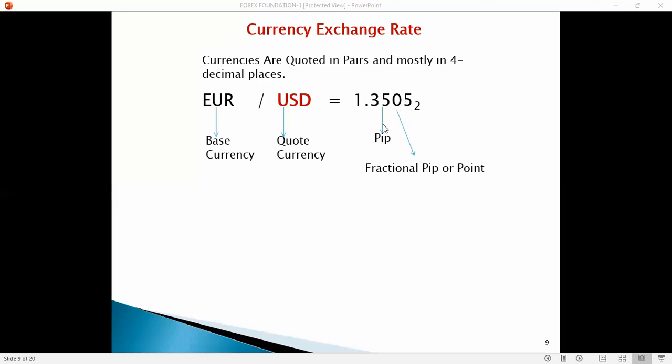So right now, the pip, this arrow right here should point to this one right here. So follow the yellow arrow. I hope this is clear. So the pip starts from the last 4 digits. The pip starts changing from the last 4 digits.